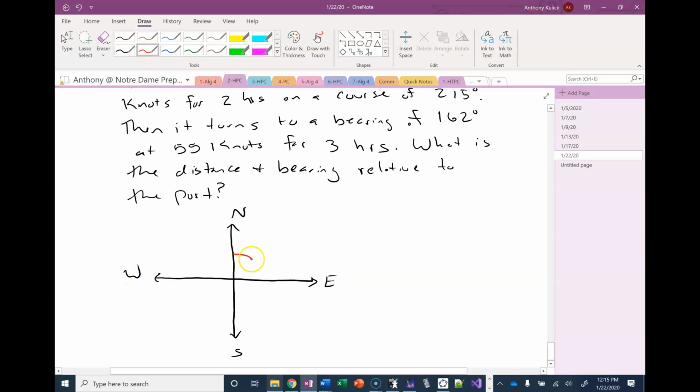So starting at north, 90, 180, and then 35 more makes 215 degrees. But I don't want that angle, I want this angle. What is that going to be? It's going to be 180 degrees plus that 55-degree angle.